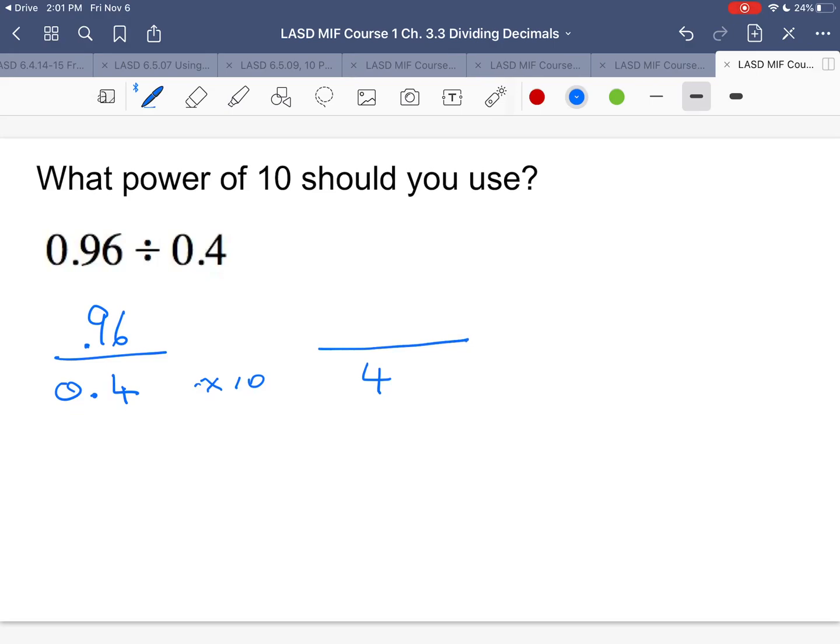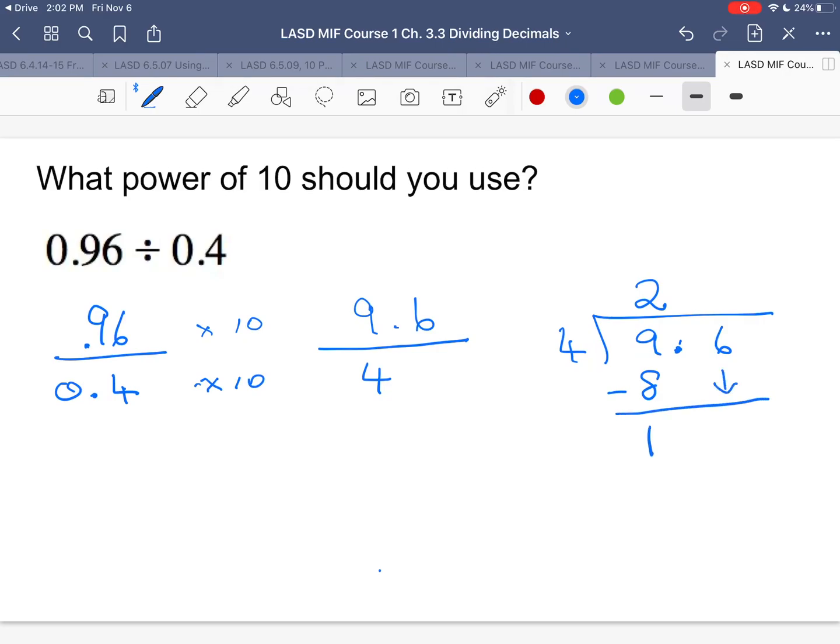Now, if I multiply the divisor by 10, I must also multiply the dividend by 10. So multiply 0.96 by 10, I get 9.6. And now my problem is 9.6 divided by 4. And I can do a regular long division on this. 9.6, so I'm going to say 2. 2 times 4 is 8.